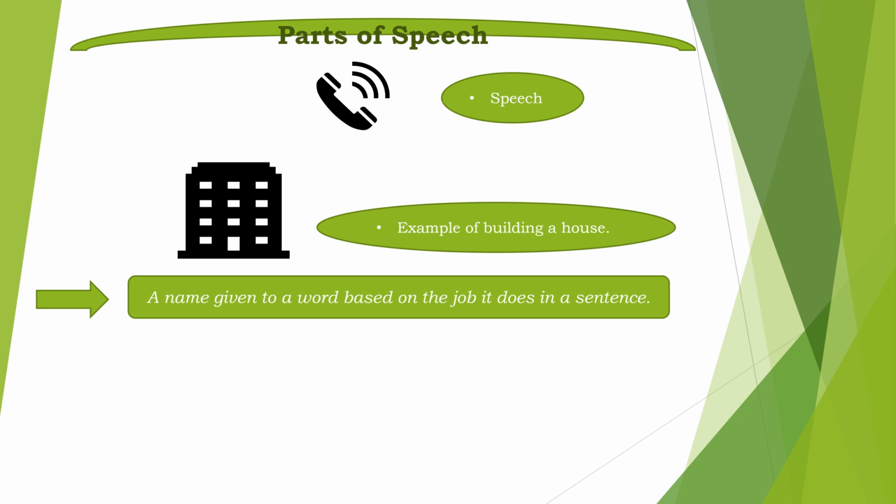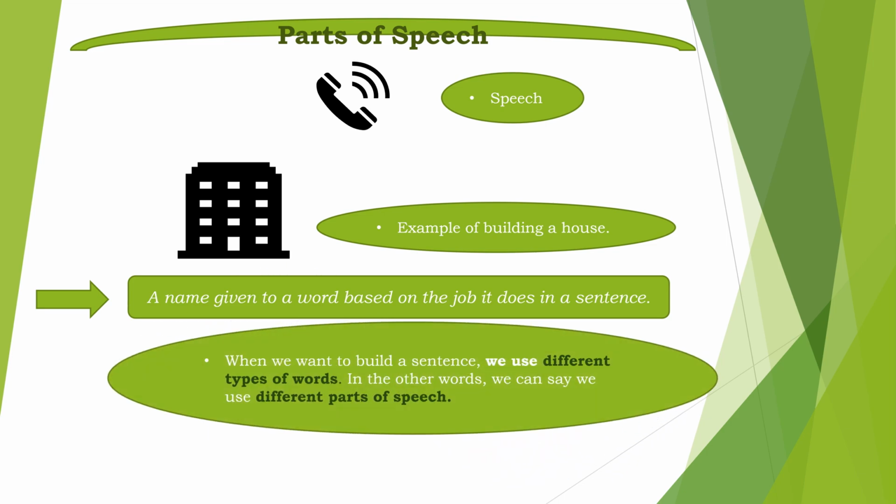So all the different words that we use in a speech have their own function in a sentence. When we want to build a sentence, we use different types of words. In other words, we use different parts of speech.